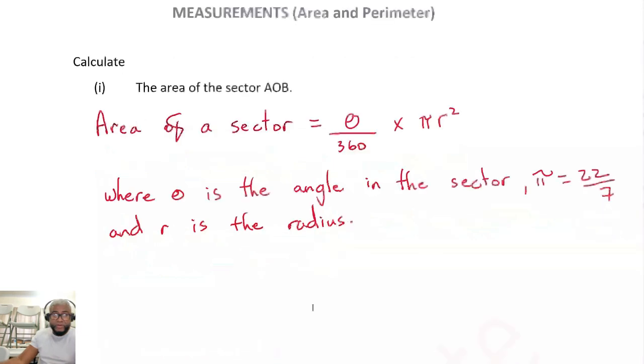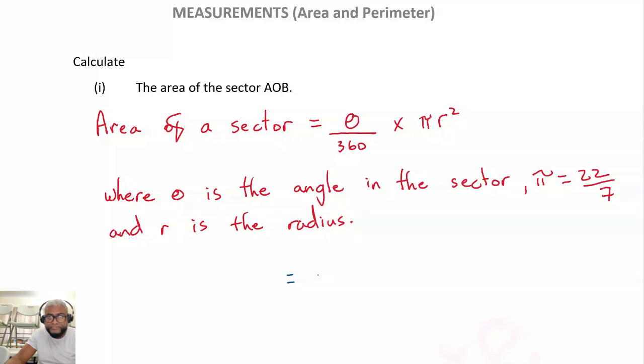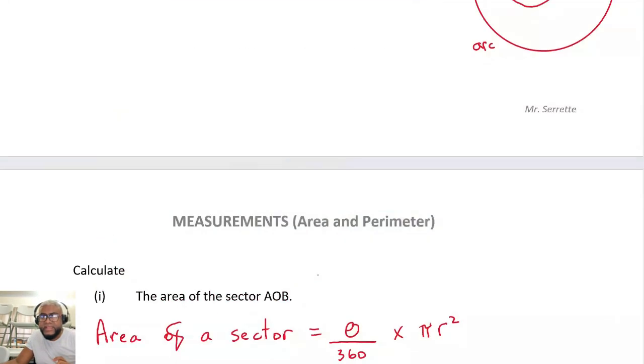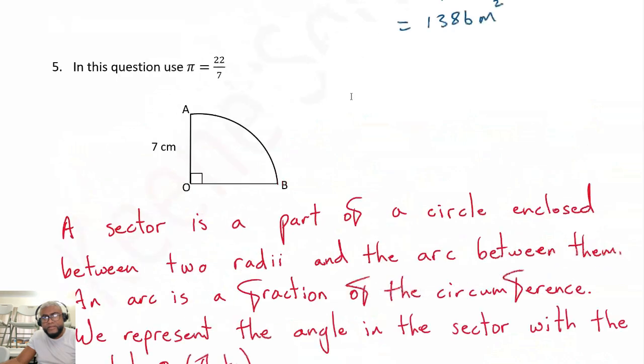So we're going to examine the sector and see if we can identify all the things we need to find the area of the sector. For theta, we need to figure out the angle within the sector. How many degrees is in the sector here? Wellington, what's the angle in the sector?